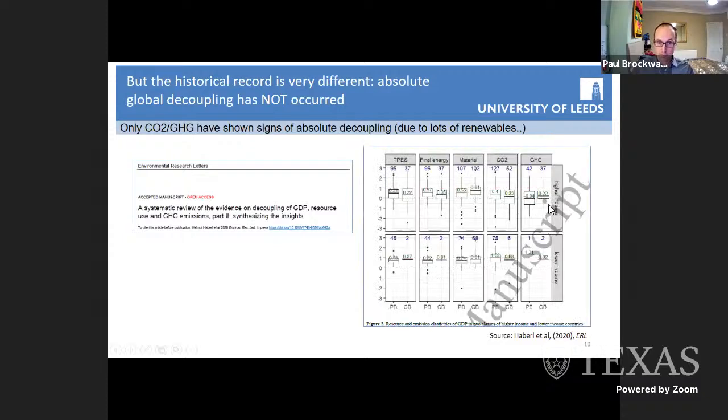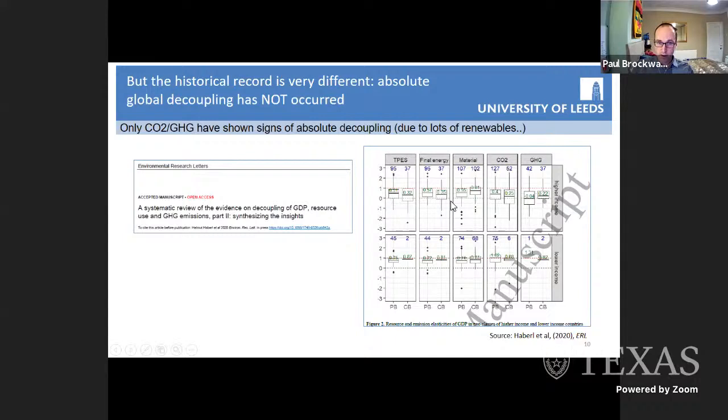What we found was, this is a plot of, again, relationships, with higher income countries and lower income countries. If there was an absolute coupling, in other words, if energy and GDP went up in step, they would be occupying this red line here. If there's no relationship at all, so GDP was growing but there's no increase in energy, or materials or CO2, they would be on this line at 0.